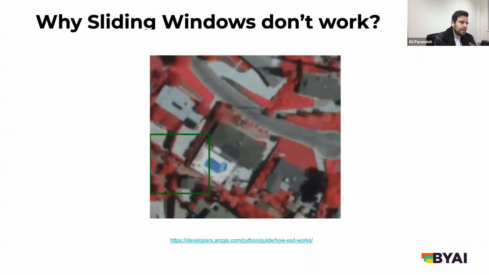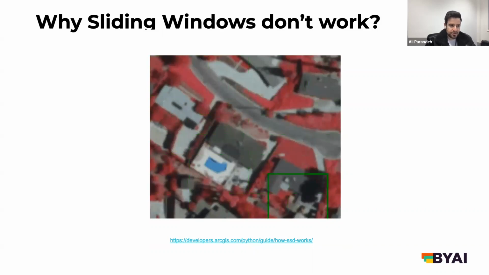But the main problem with sliding windows, when we slide kernels in these CNN networks across an image, is that first of all we don't know the size of the kernel we need to slide across the image, and we don't know the shape the kernel needs to be in order to extract that object.